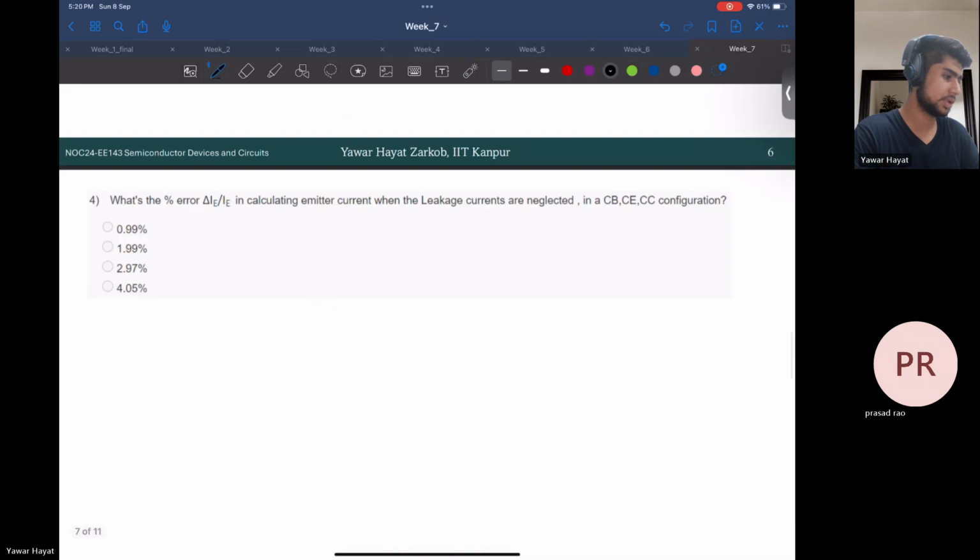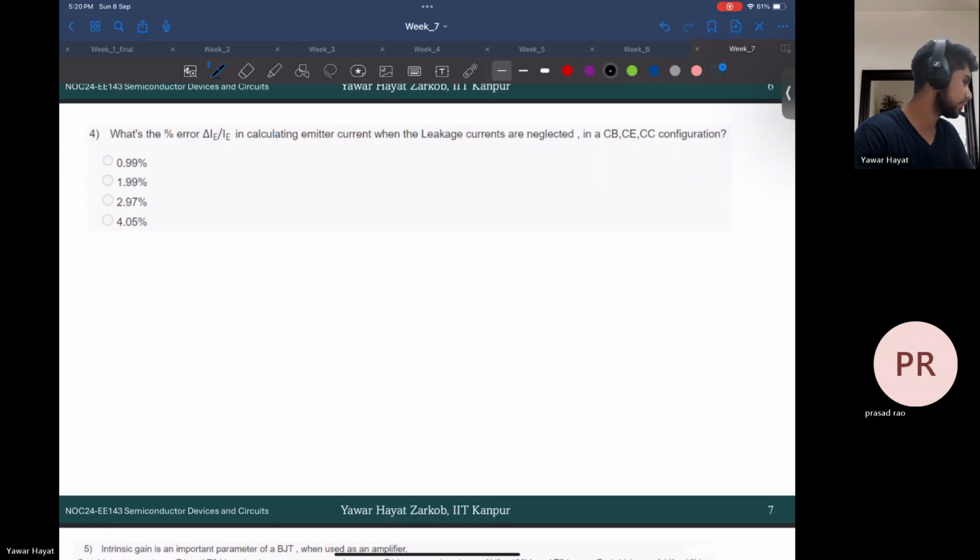Fine. The next one. What's the error percentage delta IE by IE in calculating the emitter current when the leakage currents are neglected in common base, common emitter, and common collector configurations. So how will we attempt this?